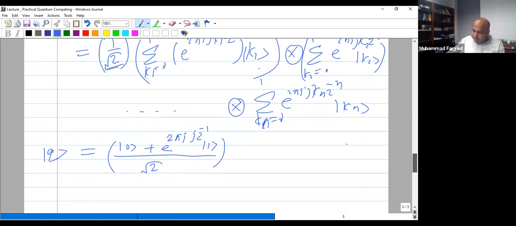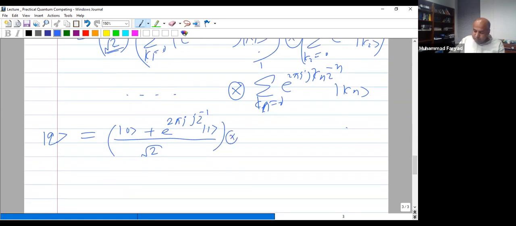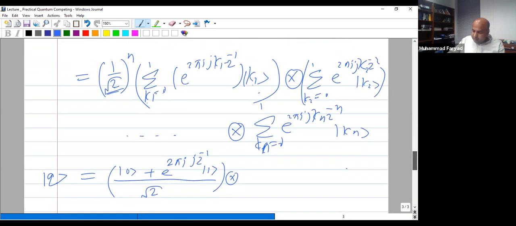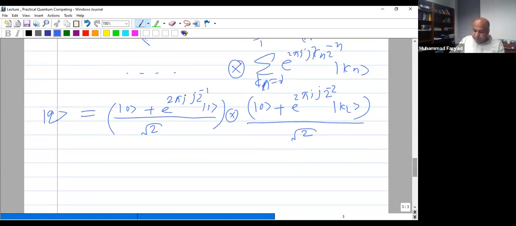So this is the state of the first qubit, and then the second one: when k2 is 0, the exponential becomes exponential 0, which is 1. So 0 comes as it is, plus exponential 2 pi i j 2^(-2), 1, over square root of 2.